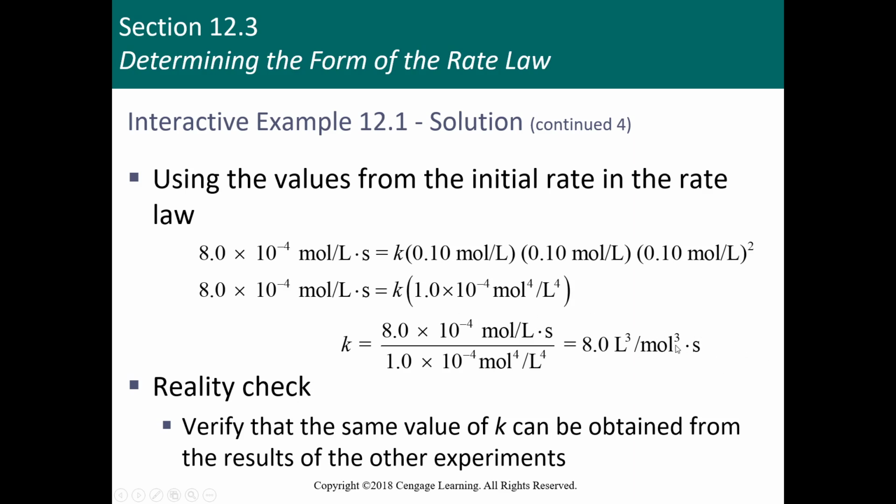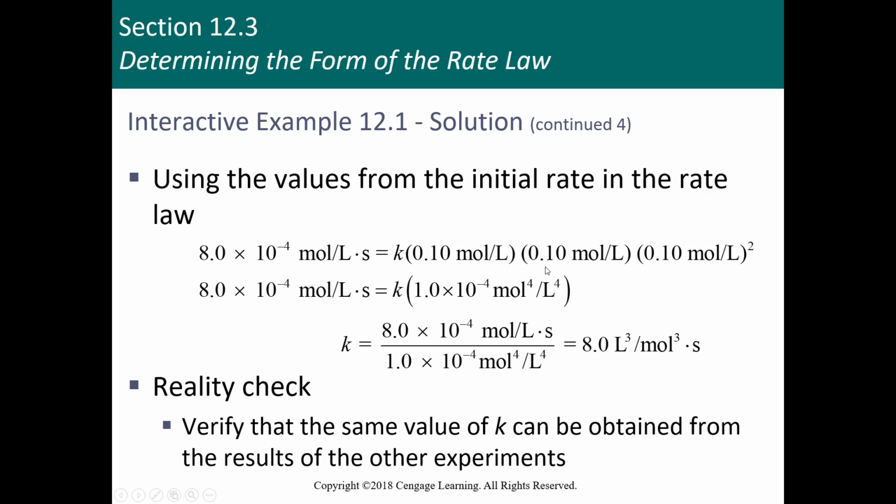How do I get this value right here? Well, this right here is my rate. My rates are always molarity per second, so moles over liter seconds. There's another way of writing that. So that means that the k has to get rid of all but one of these molarities from here.